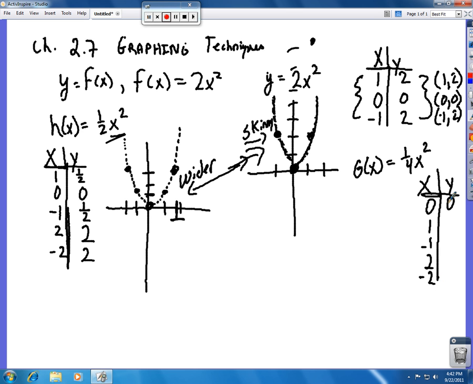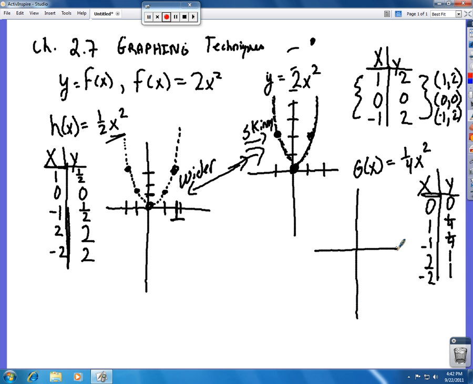As you plug in 0, you're going to get 0 back. As you plug in 1, 1 squared is 1, 1 times 1/4 is 1/4. Same thing with -1. For 2 and -2, you're just going to get, well, 2 squared is 4, and 4 times 1/4, that's just going to be 1. So, same thing for both of them.